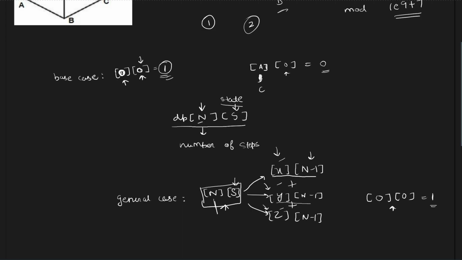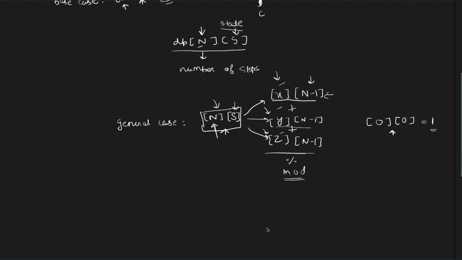So if you had n here, the number of steps in this particular state would be n minus 1. And since these are independent ways, to find the total number of ways starting from n comma s, you have to add all of those 3 ways, and make sure that after adding we take the modulo of the mod that we have been given, right? So this would be the solution for today's problem of the day.